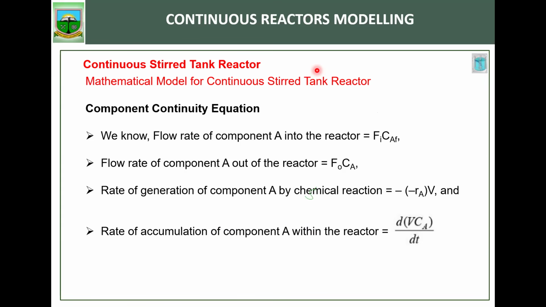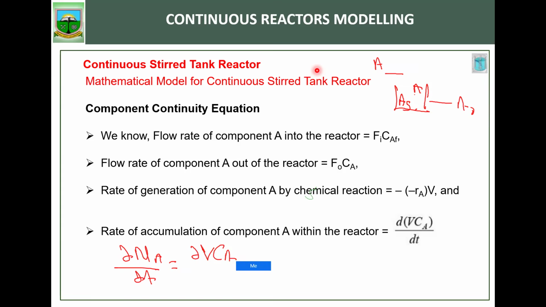You're going to have A initial, then A consumed, and then A generated. The accumulation of A is going to be what? If you remember, that's the moles of A, and the moles is equal to volume times concentration. It's going to be V CA.